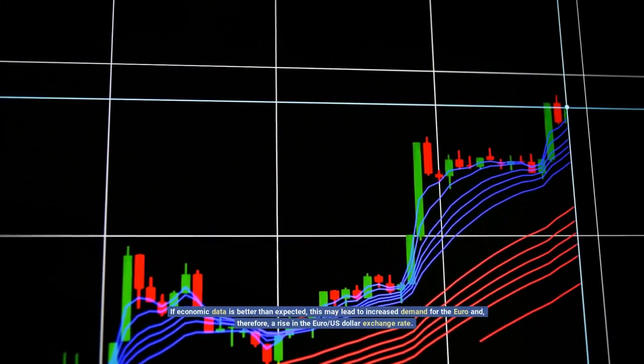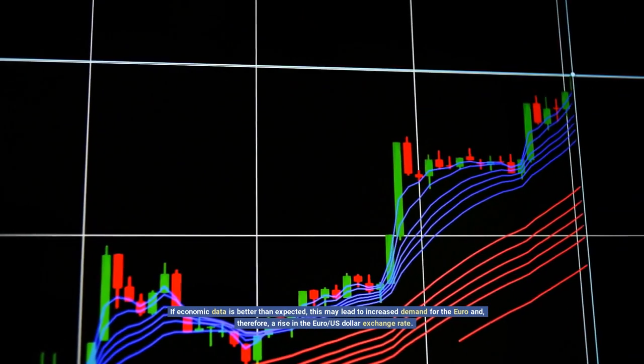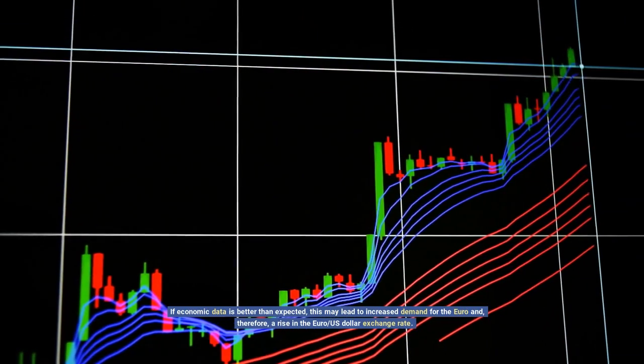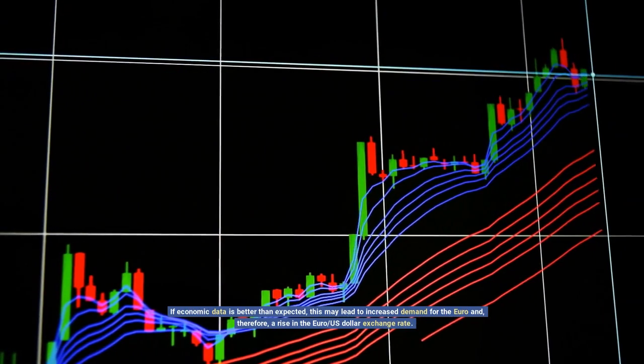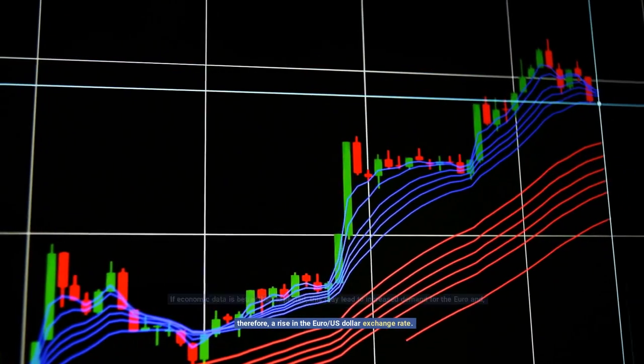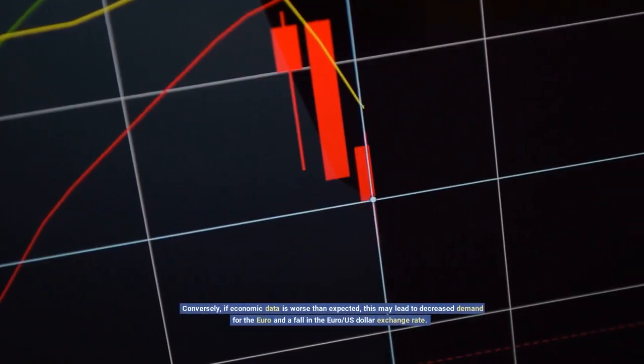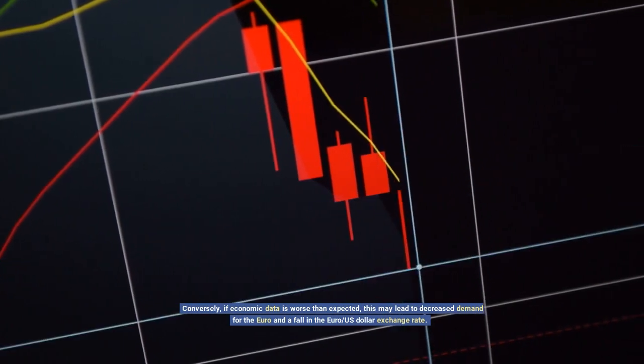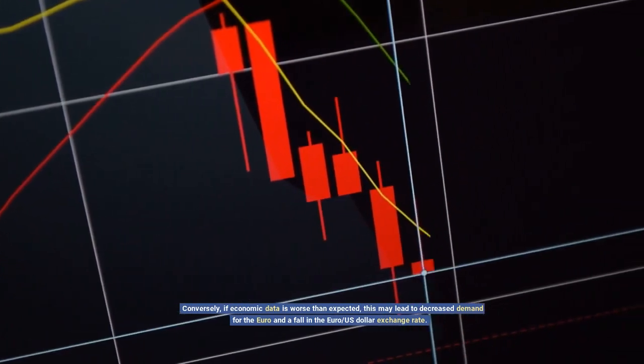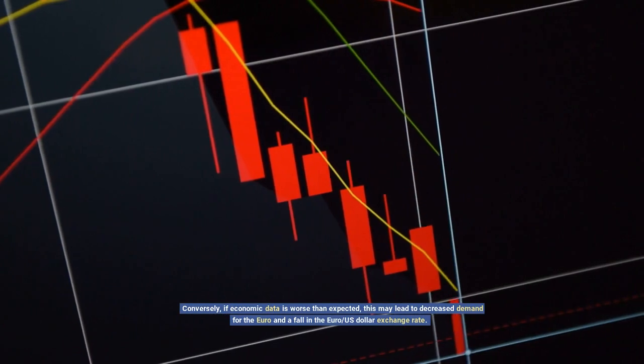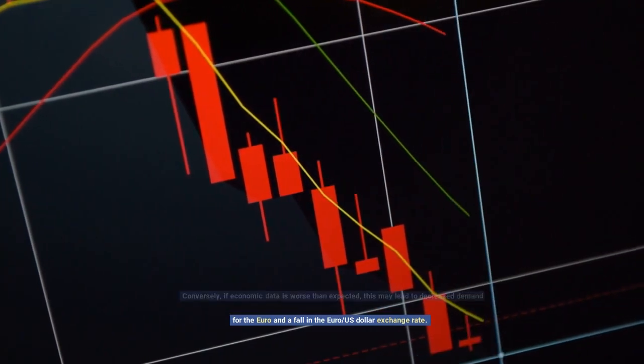If economic data is better than expected, this may lead to increased demand for the euro and, therefore, a rise in the euro-US dollar exchange rate. Conversely, if economic data is worse than expected, this may lead to decreased demand for the euro and a fall in the euro-US dollar exchange rate.